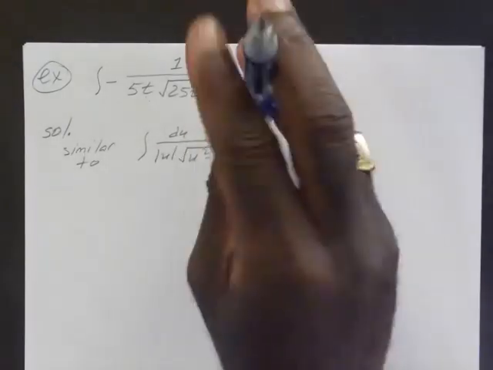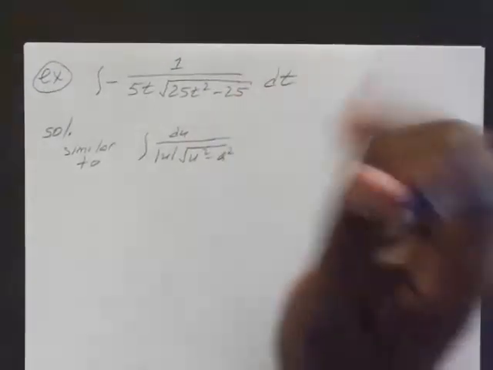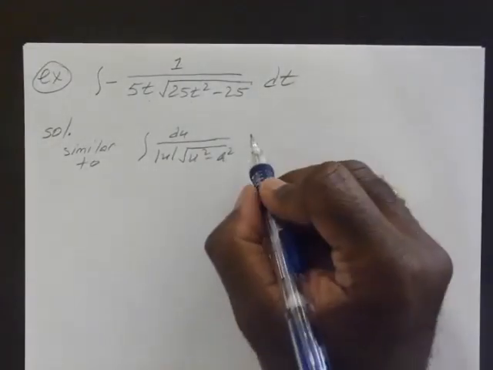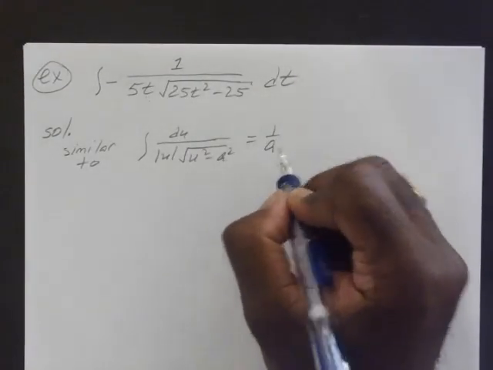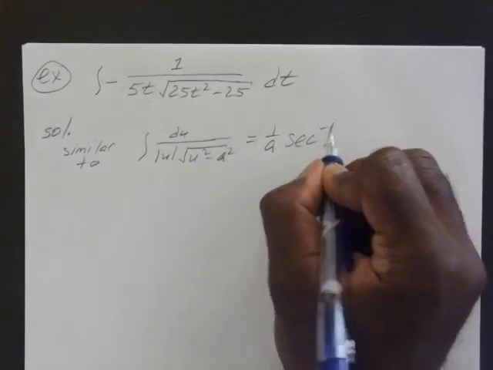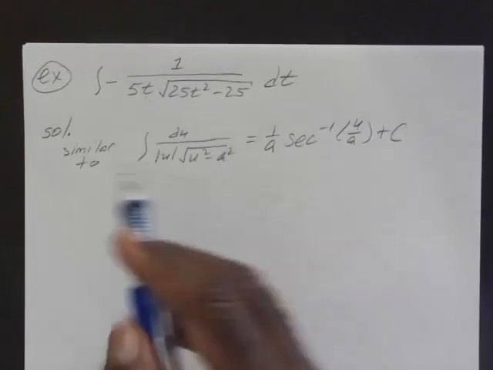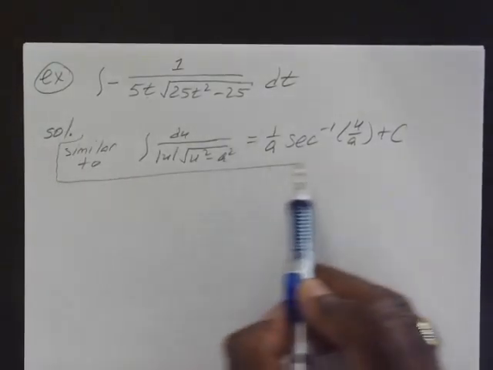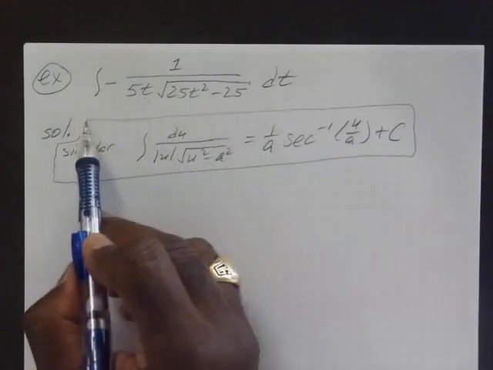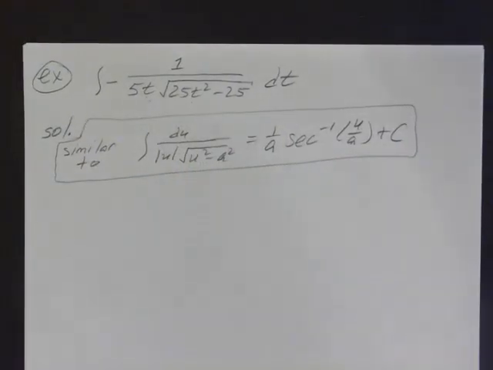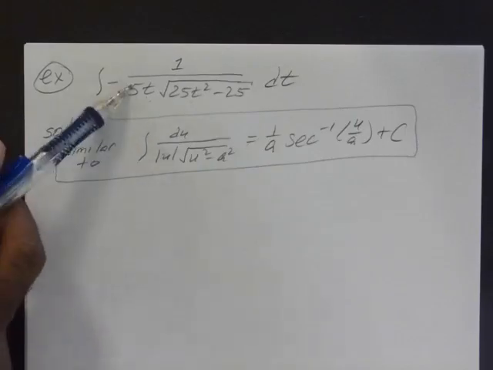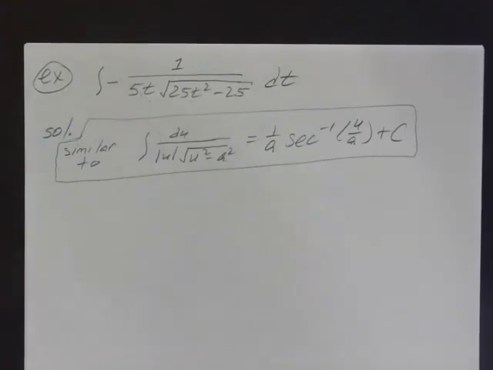And we know that's equal to 1 over a times secant inverse of u over a plus c. Okay. So again, if they don't have the absolute value around the 5t, that's no big deal.